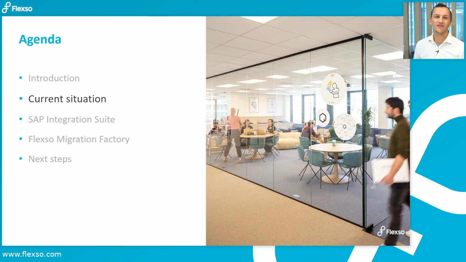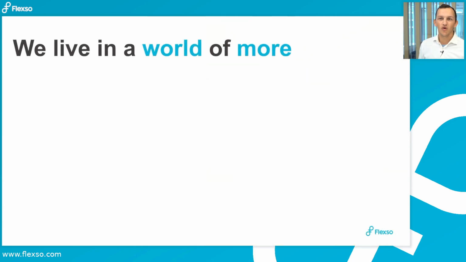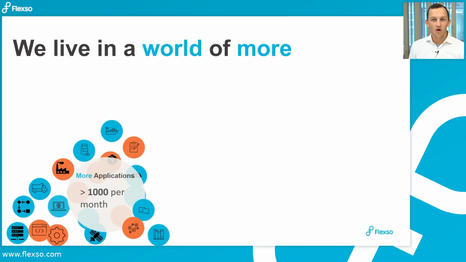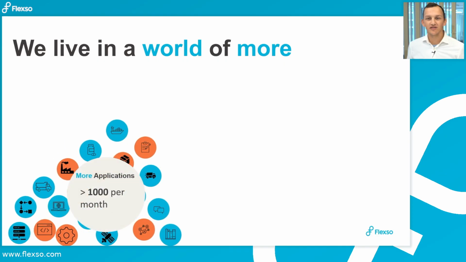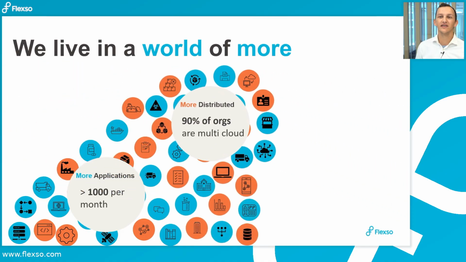Now, let's have a look at the current situation. We live in a world of more. Integration is everywhere, so it's good to have a look at the whole world. More applications. Over thousands of applications get created every month. More clouds. 90% of organizations are multi-cloud environments, so it's more distributed.